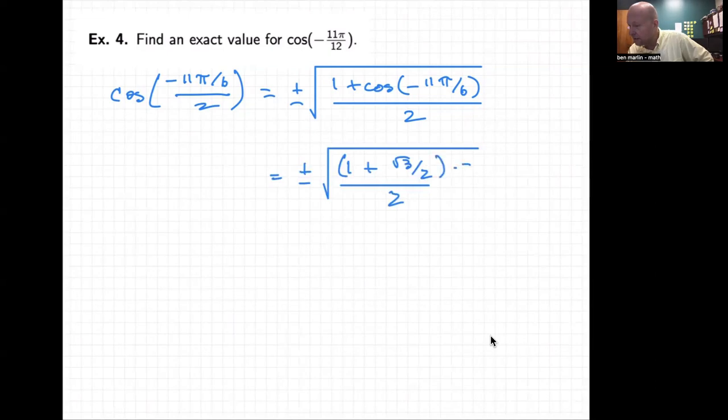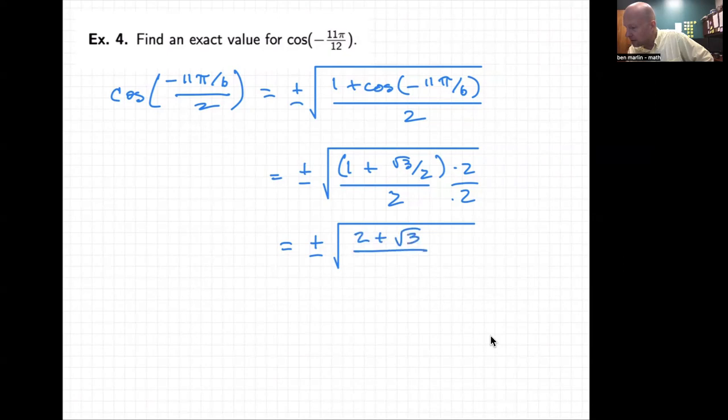We're going to multiply the top and the bottom by 2. And so you will end up with plus or minus the square root of 2 plus root 3 over 4.